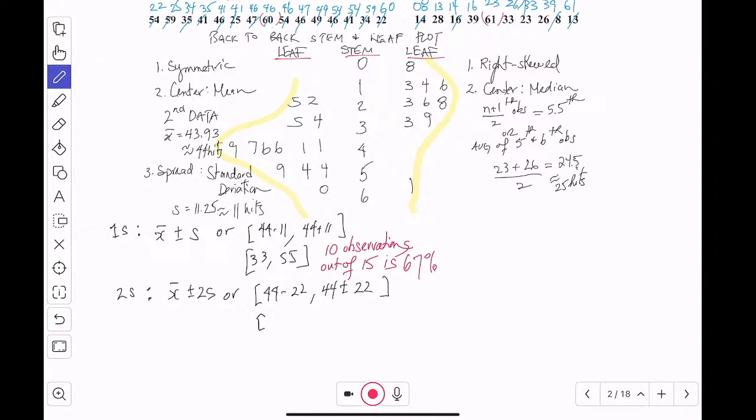That ends up being 22 and 66. So 22 to 66 is 1, 2, 3, 4, 5, 6, 7, 8, 9, 10, 11, 12, 13.